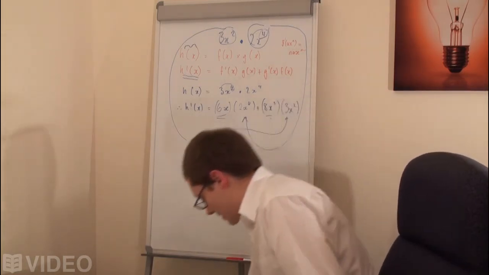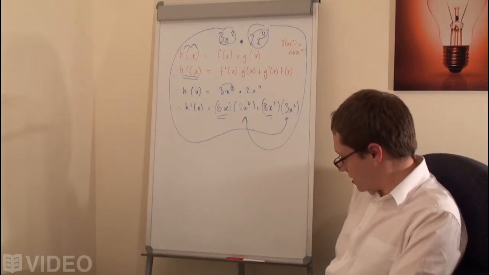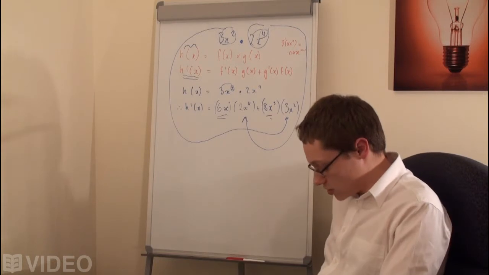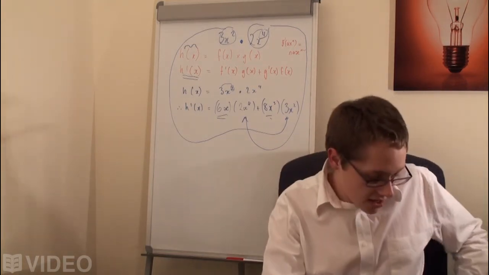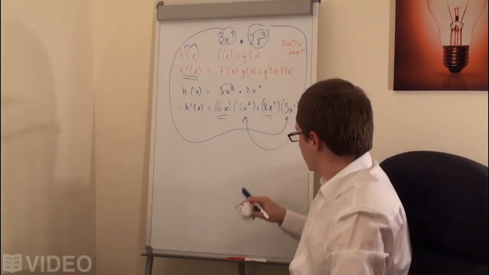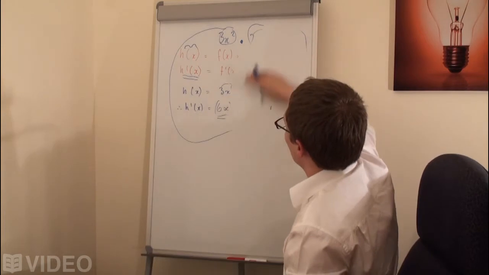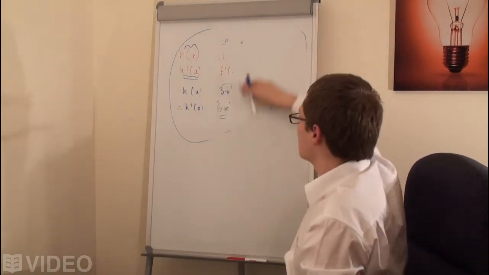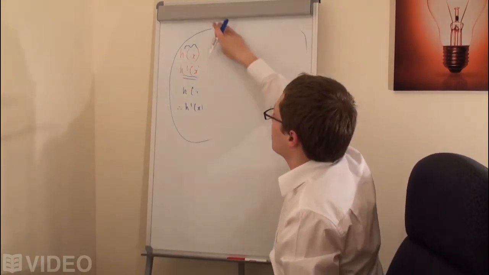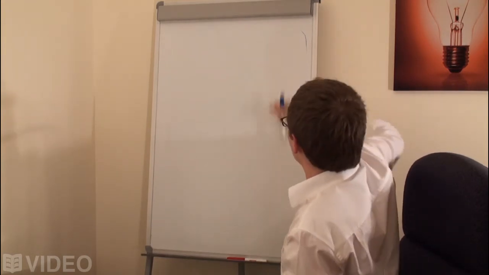Okay, but now let's have a look at doing something a little bit more different, actually called the quotient rule. So I'm going to need just something to clean the board. There we go. And this is where we're actually looking at two algebraic terms which are divided by each other.